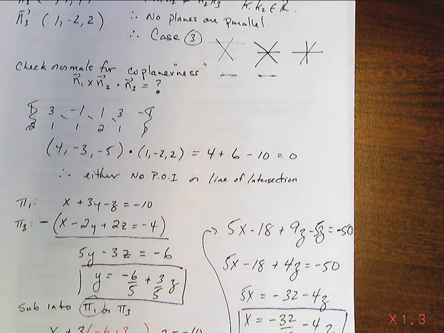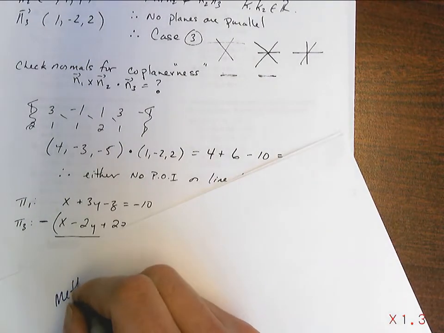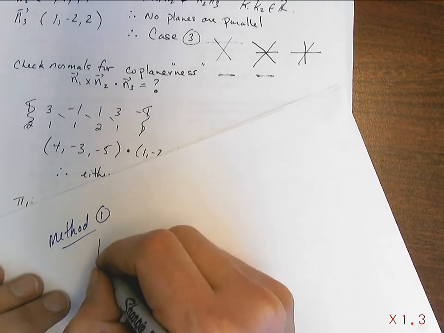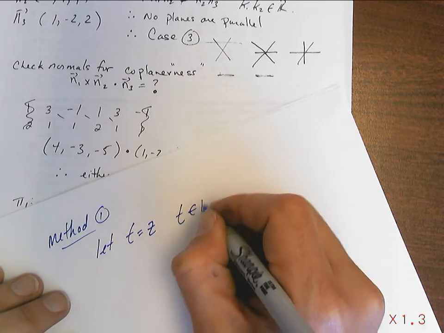So using method 1, what we're going to do is let t equal z, where t is an element of the real numbers.